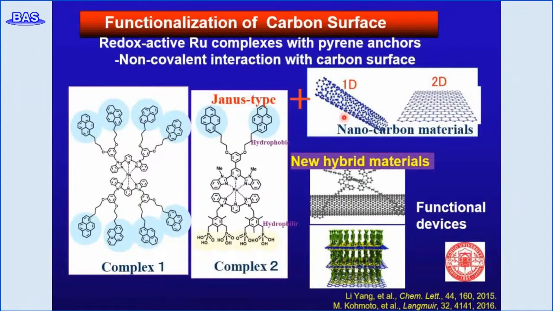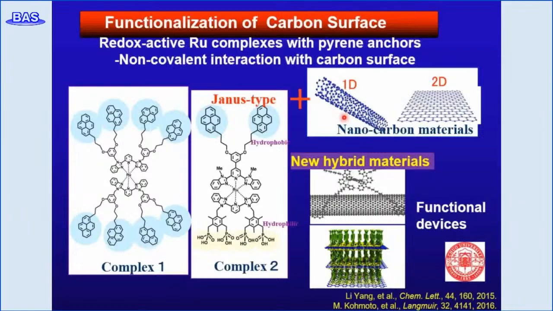In order to functionalize the carbon surface, we used redox-active ruthenium complex with pyrene anchors, which act as a non-covalent interaction with carbon surface.